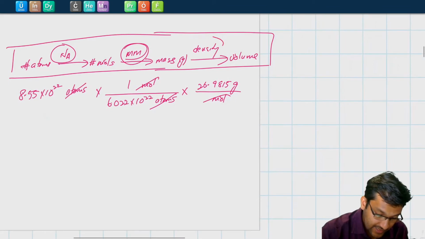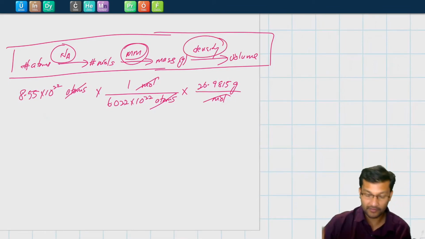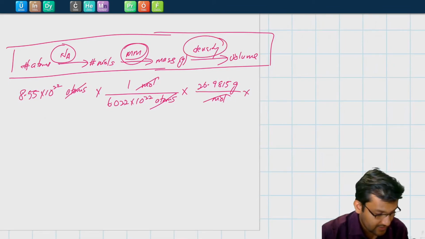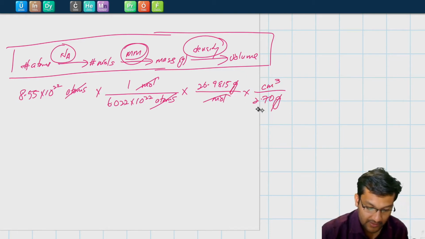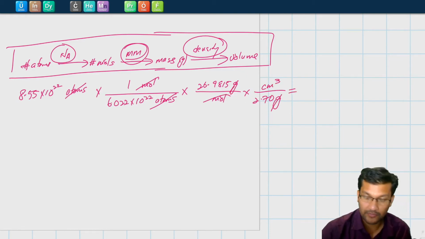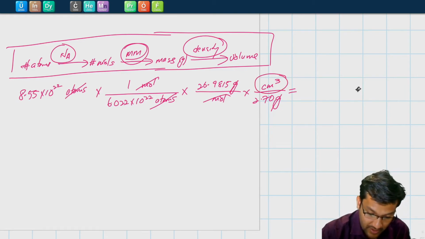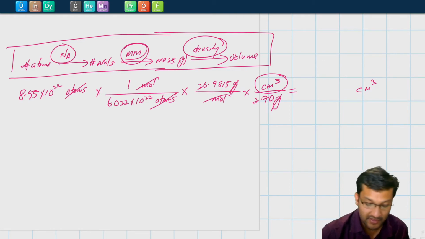And then we can use the density to convert from mass to volume. And the density for this sphere is 2.70 grams per centimeter cube. And we put grams on the bottom such that the mass could cancel out, and we're left with the volume in centimeter cube. And this makes sense because volume can be measured in centimeters cubed.